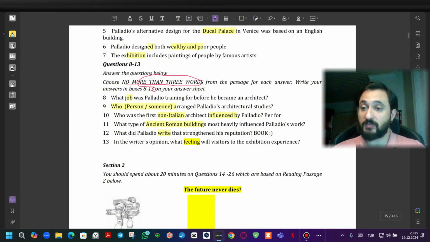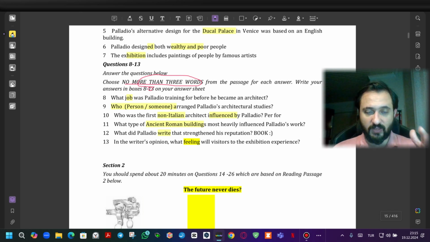If it is headline matching, if it is about the main idea of the paragraph, you don't need to read the questions before reading the text, because after each paragraph you have to come back to the questions to read which one is correct. If you do it like this in the exam, absolutely, you will waste your time.